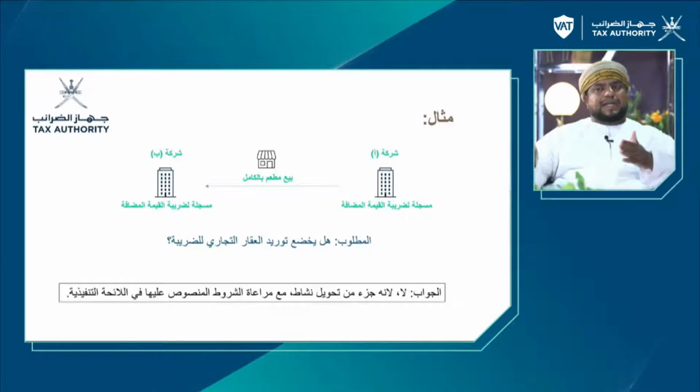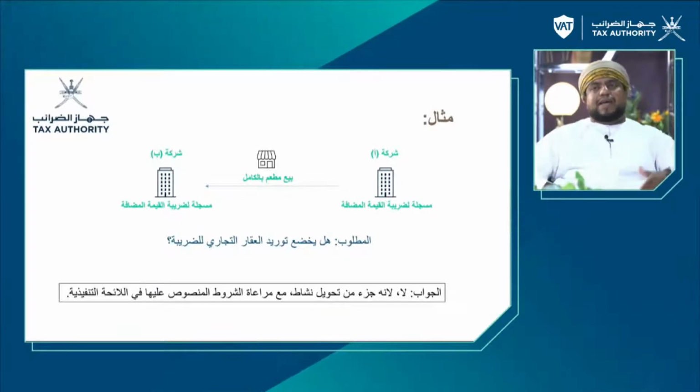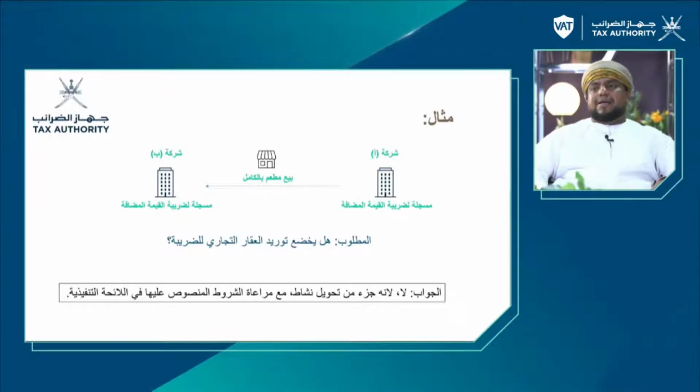So they will be selling the full restaurant from company A to B. Is this kind of supply taxable or not? The answer is no, because it is part of transferring a business activity, but there are certain conditions that need to be met in the bylaw in order to be exempted from the VAT.